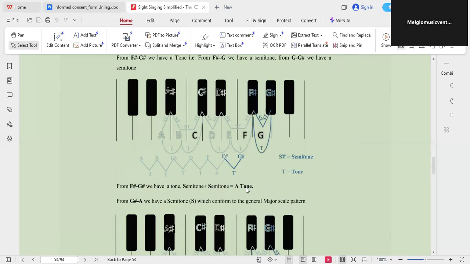which corresponds to our major scale pattern. So this should be a semitone.